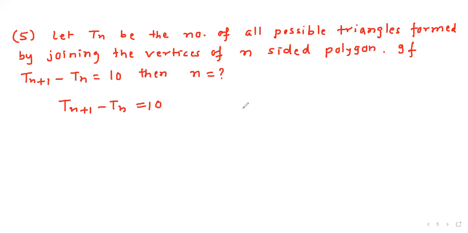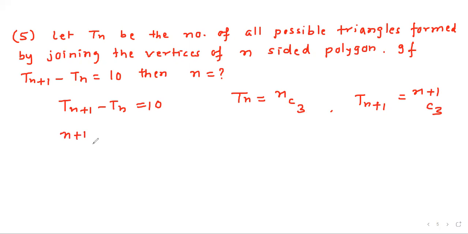Now Tn equal to nC3 and T(n plus 1) equal to (n plus 1)C3. Since triangle is formed, so 3 points are needed out of n. That is why Tn equal to nC3 and T(n plus 1) equal to (n plus 1)C3. So we write this value here.